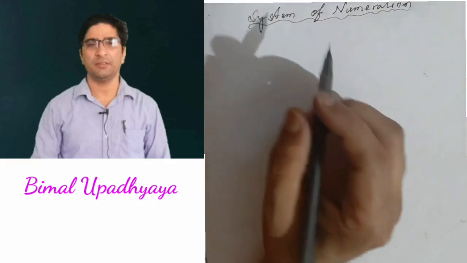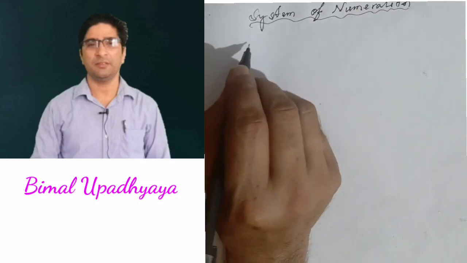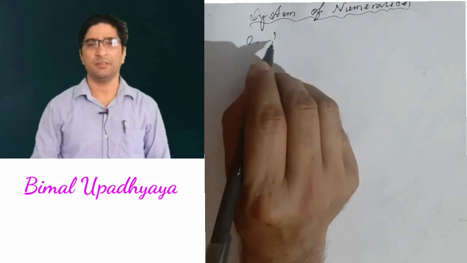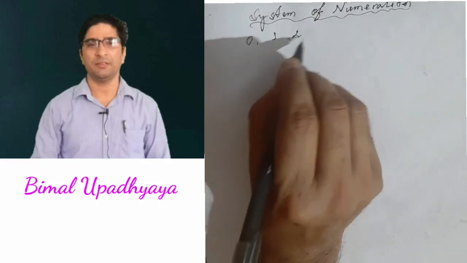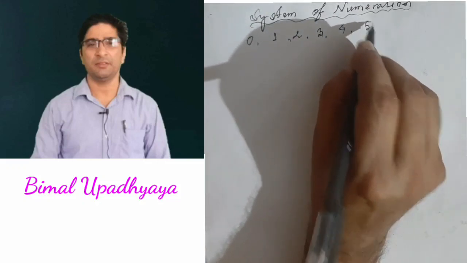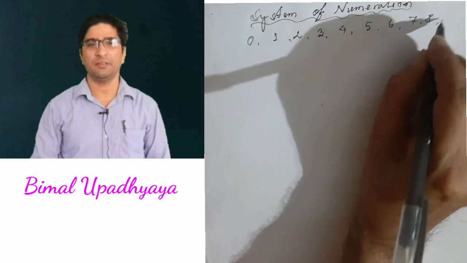The numeration system which we are using is the decimal system. It contains 10 digits, that is 0, 1, 2, 3, 4, 5, 6, 7, 8 and 9.